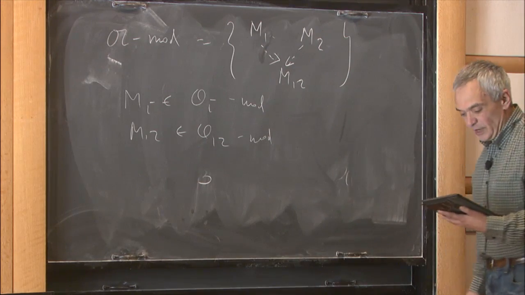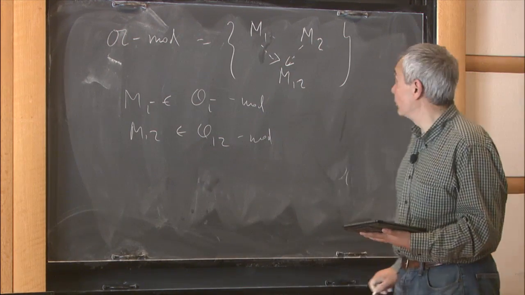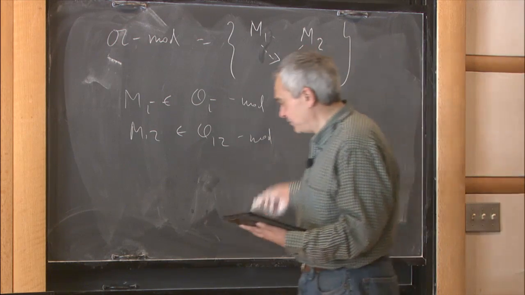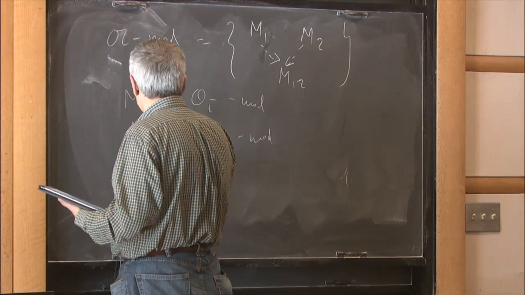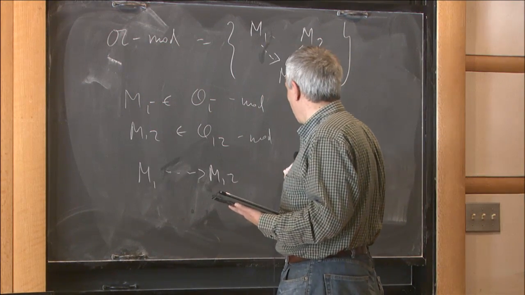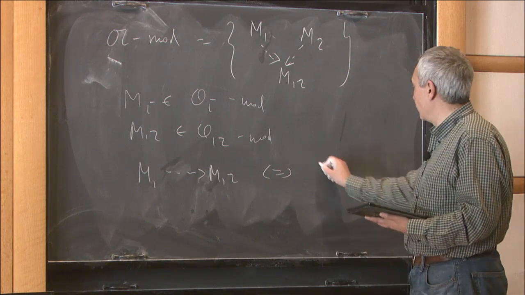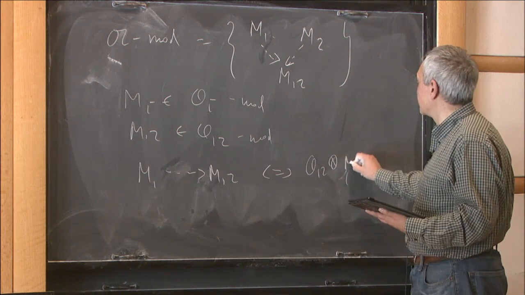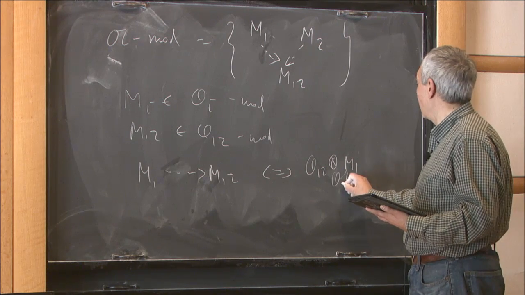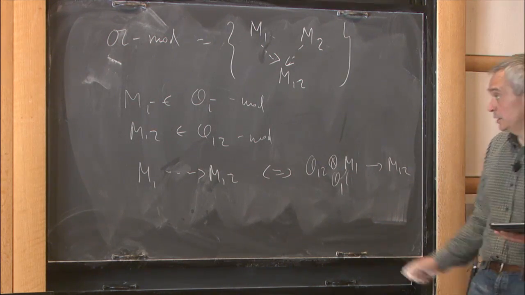What does this dashed arrow mean? It just means that you need to restrict before you construct the map. So you're specifying a map after restriction. So M1 dashed arrow to M12 just means that you are looking at a map from O12 tensor with M1 over O1 to M12. And the same for M2.